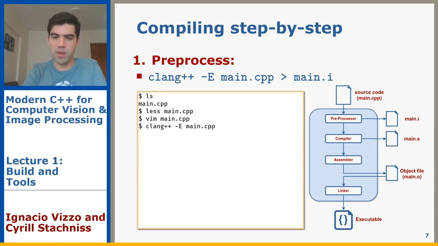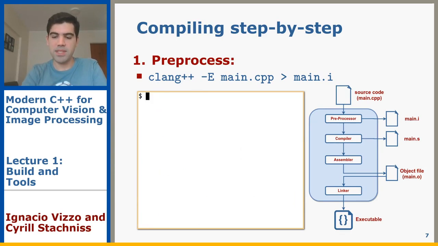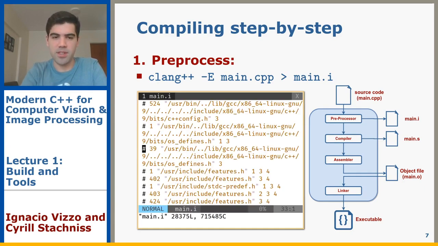So if I do this, you will get, boom, a lot of stuff. But basically, let's redirect the standard output as we did in the first lecture, and call this file main.i. This is standard in the community. And now we can actually open this file and inspect the contents.